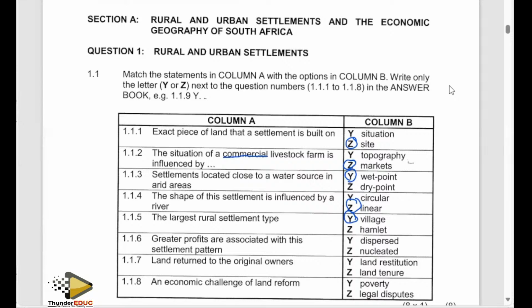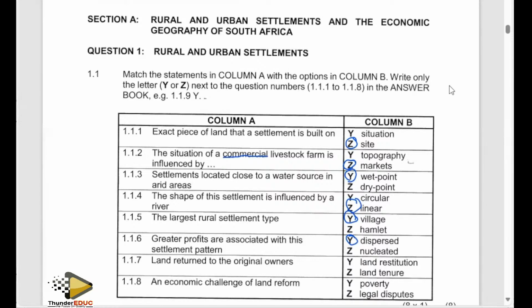With nucleated, usually the farmers are settled in a cluster and they share the pieces of land for farming. So the one which is most likely to reap more profits is the dispersed one, where the farmer does farming on his or her own piece of land away from the next farmer.